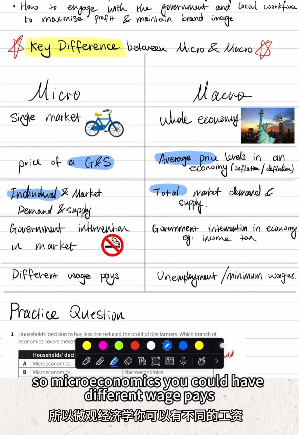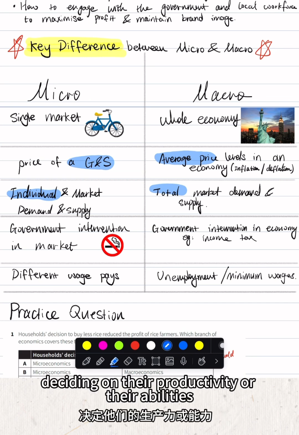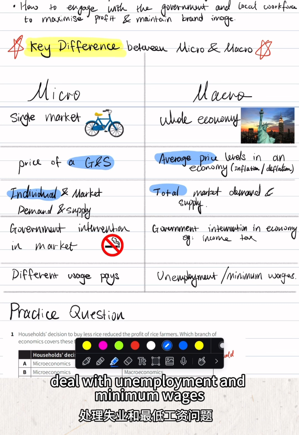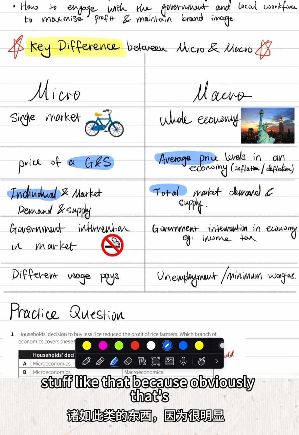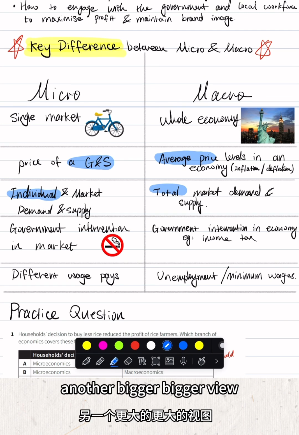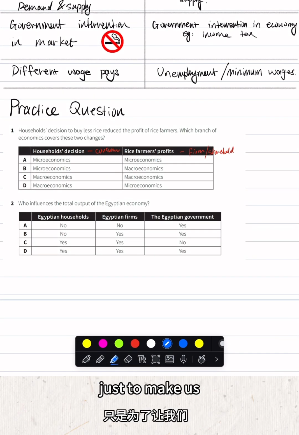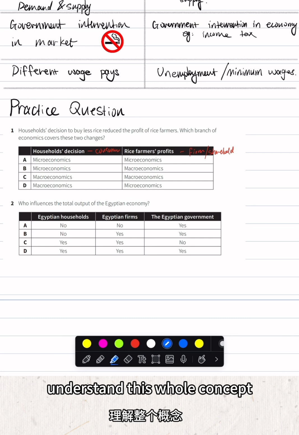So in microeconomics, you could have different wage pays, mainly depending on their productivity or their abilities. But in macroeconomics, your aim is to deal with unemployment and minimum wages, stuff like that, because obviously that's another bigger view. Right, so now let's touch on the practice questions just to help us understand this whole concept.